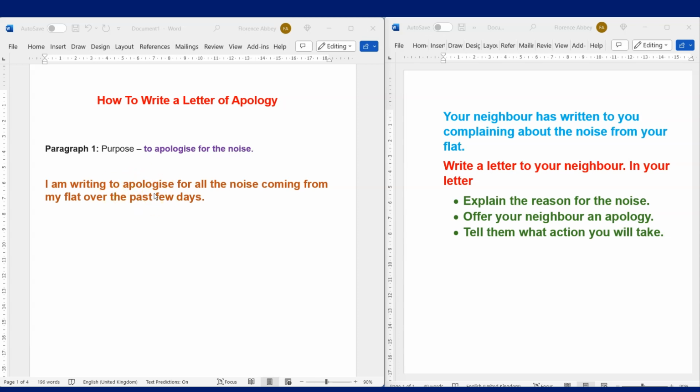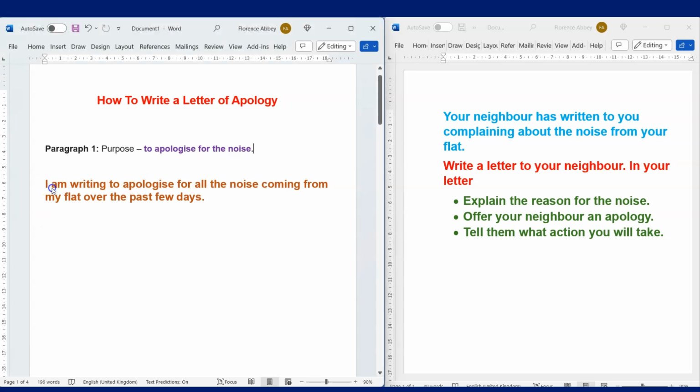So we are writing a letter of apology. We just start by saying that I am writing to apologize for all the noise coming from my flat over the past few days. You can write it in your own way, but make sure that you are stating the purpose of the letter. You don't have to use contractions in a formal letter. This is a formal letter, so you shouldn't write in contractions.